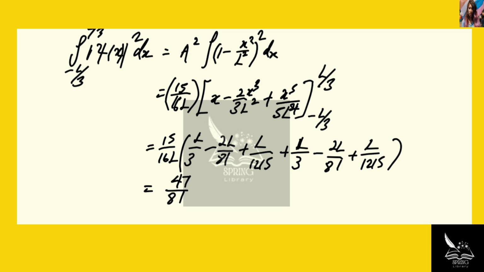The L will cancel out, which is around 0.58.